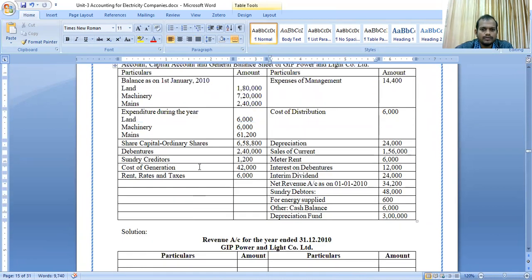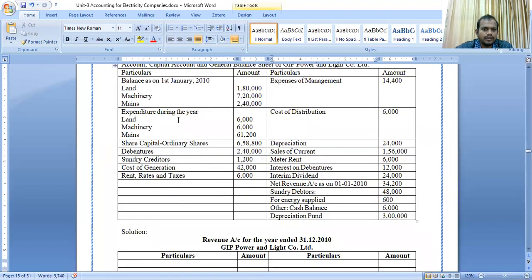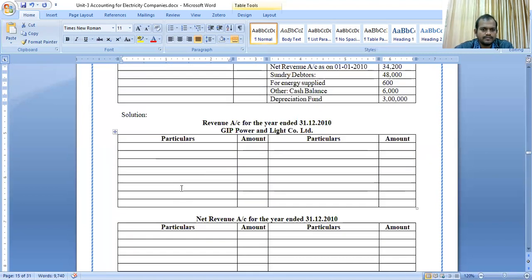So revenue account. Whatever the revenue expenses and revenue receipts, we have to mention in the revenue account, one by one. Cost of generation of electricity, and rent, rates and taxes.